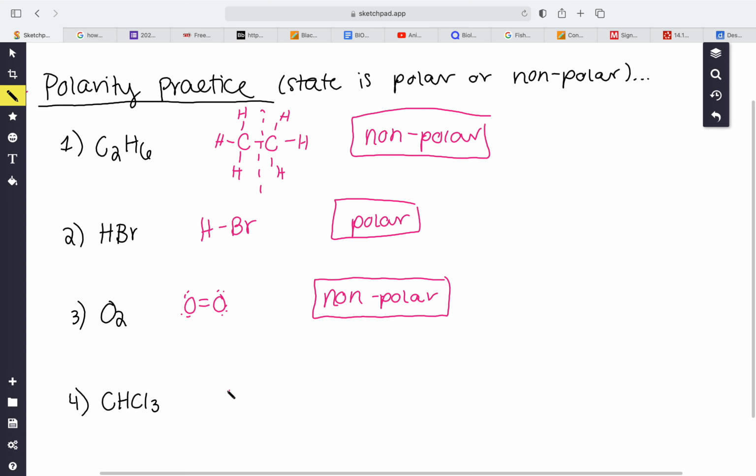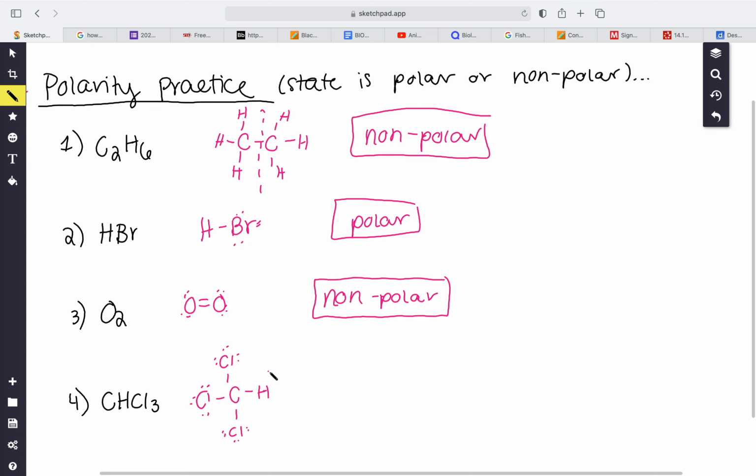Okay, so let's look at the next one. We're going to have carbon in the center, and we're going to have hydrogen and chlorine and another chlorine. Once we do our valence electrons, it's going to look something like this. Same thing with bromine. Bromine's going to have those outer shell electrons too. So let's take a look. We have carbon in the center, and we have 3 things around it that are the same and 1 thing that's different.